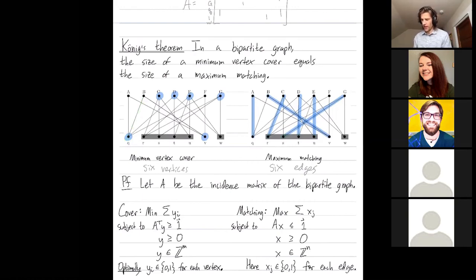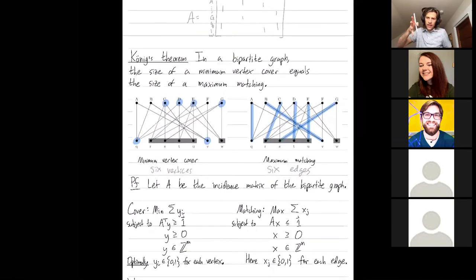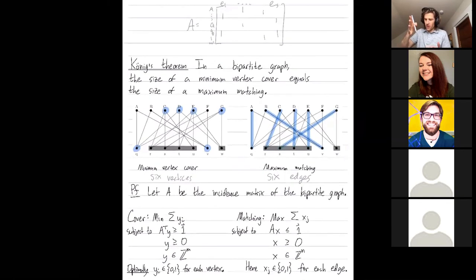And the reason for that is y is this vector of which vertices are included. And then when I take A transpose, now my rows correspond to edges, right? And then I have to say, okay, this edge, I know which vertices it's incident to. Is it incident to at least one of the vertices in my cover? It better be, otherwise it's not a cover.